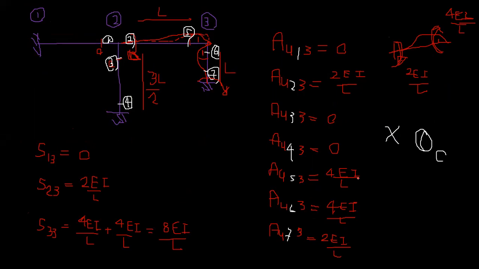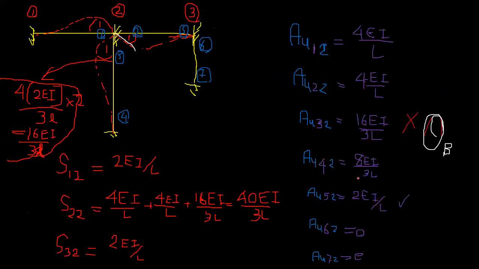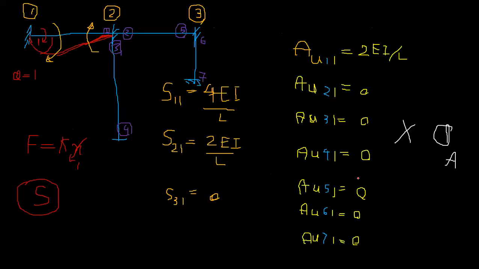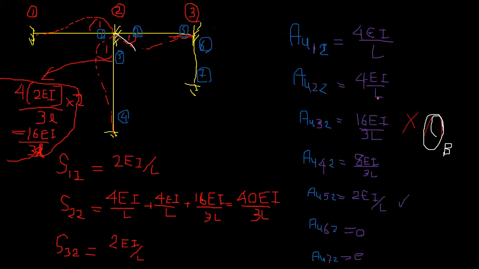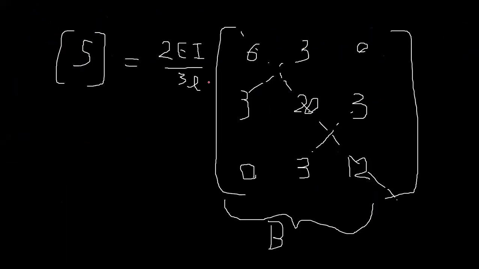Okay, so I can take 2EI over 3L out, right? So you can check freely. You take 3L out.